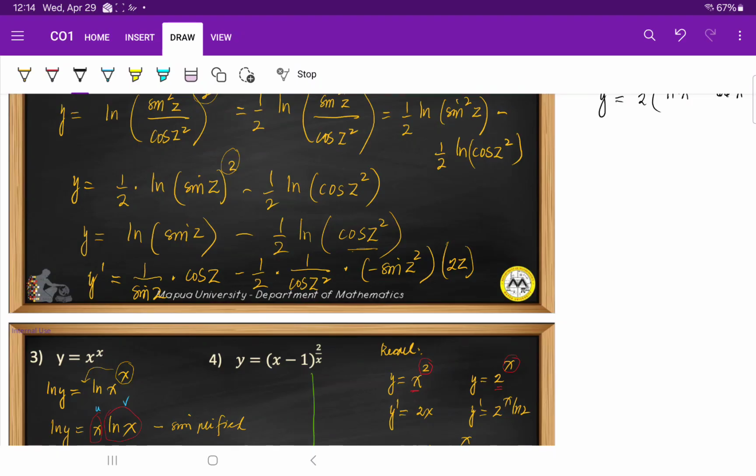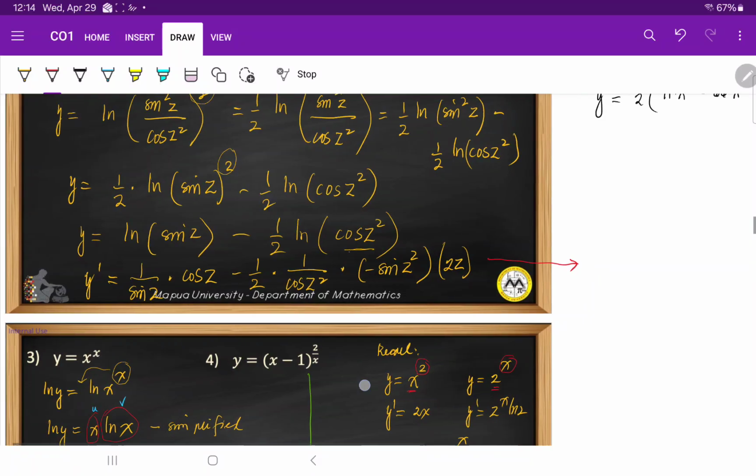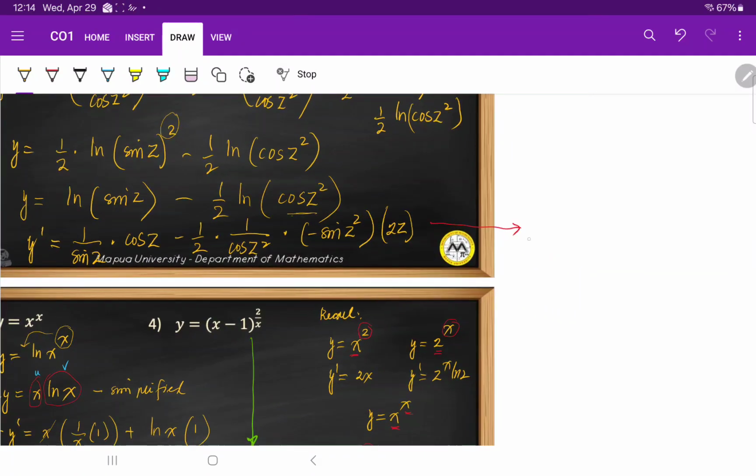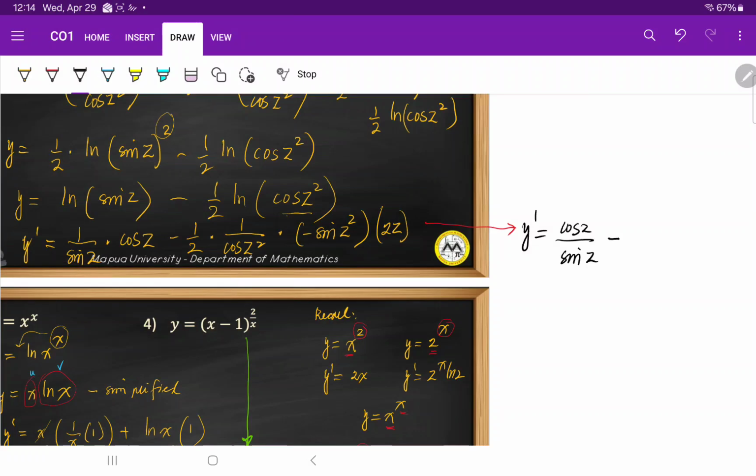Now, let's continue simplifying on this side. Let's use a black color. We get y prime, therefore, is equal to cosine of z over sine of z minus, now in here, 2 and 2 cancel out.